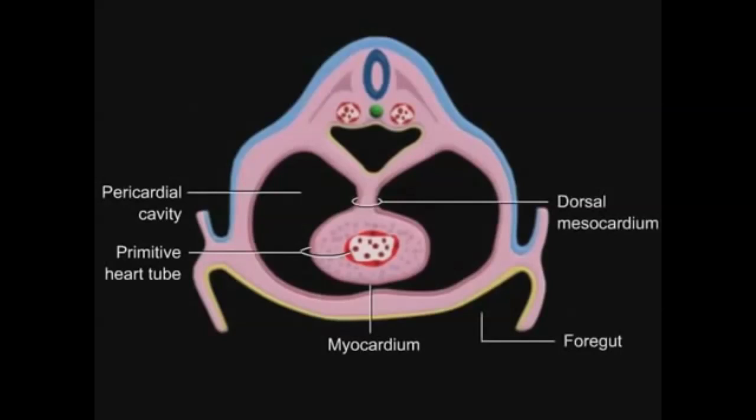So in this period, the primitive heart tube consists of 3 layers, which is the same as in an adult person: endocard, myocard, and epicard.